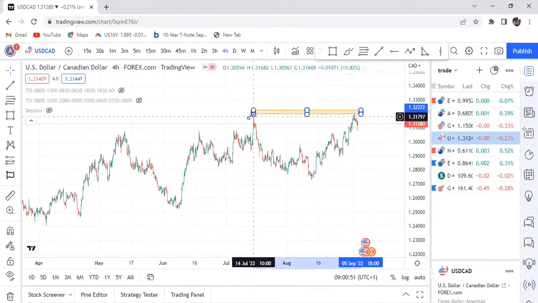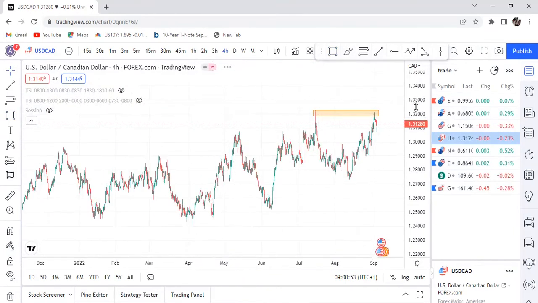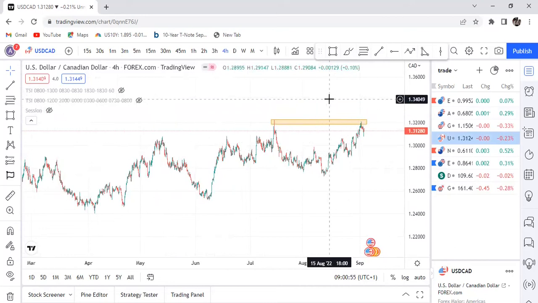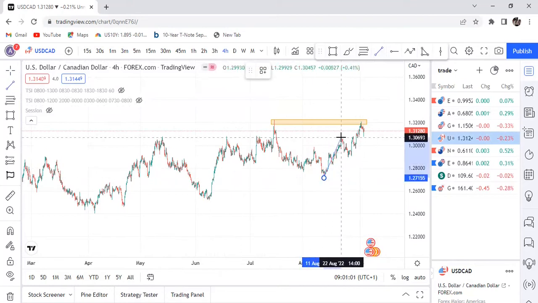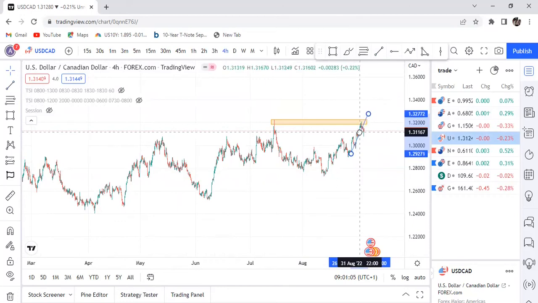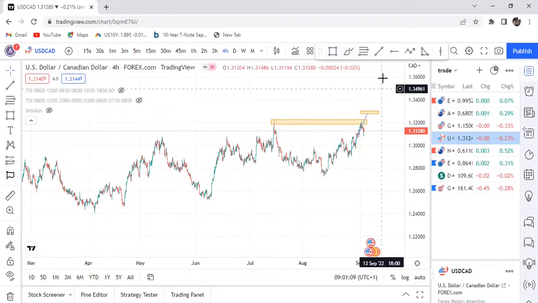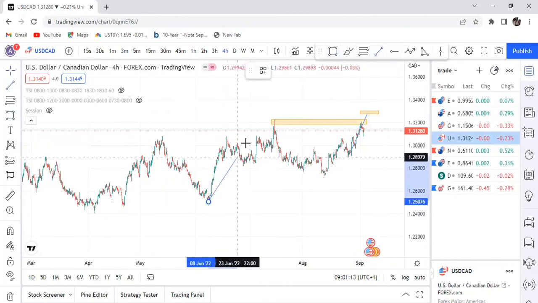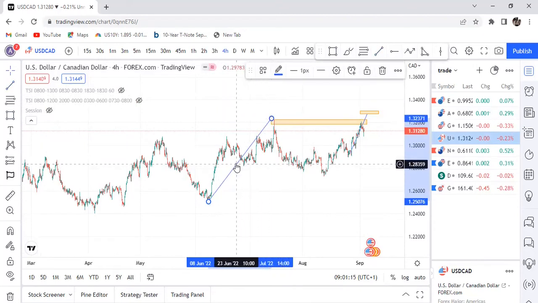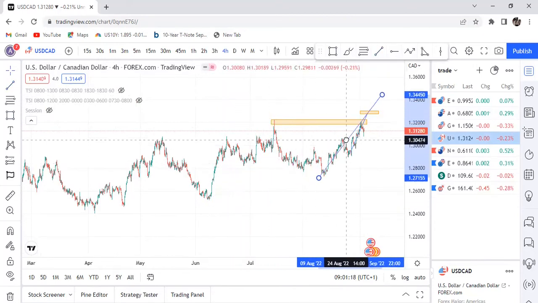Now let's look at our measured move to know if it's the right price to sell. Like I said, there's no different way. You can take this leg here as one, then put it here as two, to know that it's probably going to go higher. Or you can take this leg here as one, and this leg here as two.